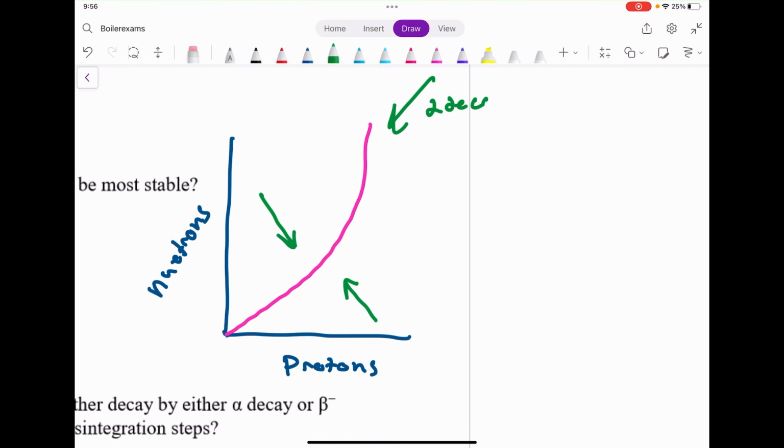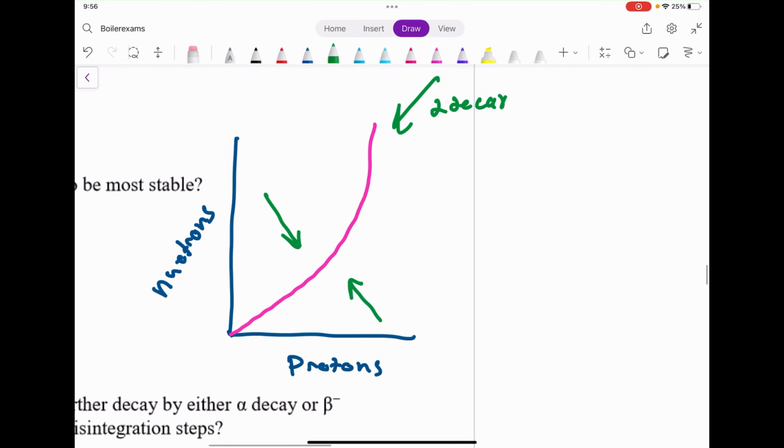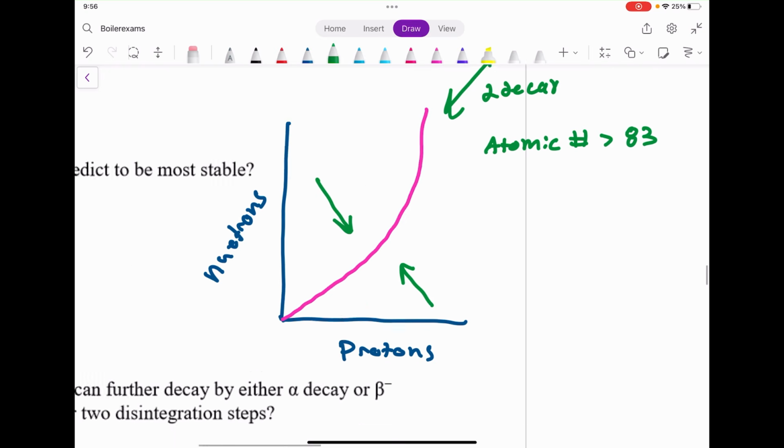So anything, and I know I'm mentioning this because one of the answer choices stuck out. Anything with an atomic number greater than 82 or 83, I know I mentioned it in the nuclear chem video, you're going to undergo that alpha decay.